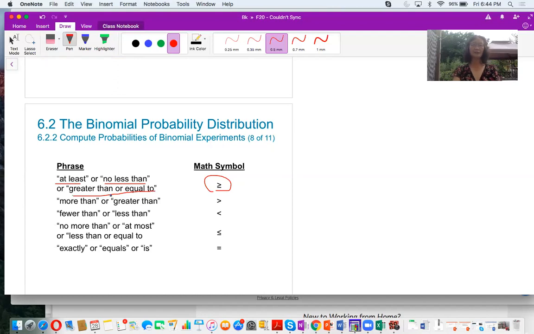These three phrases refer to the same thing: at least, no less than, greater than or equal to. And if you have more than, greater than, it is this symbol here. Similarly, you have fewer than or less than. This is fewer than or less than.